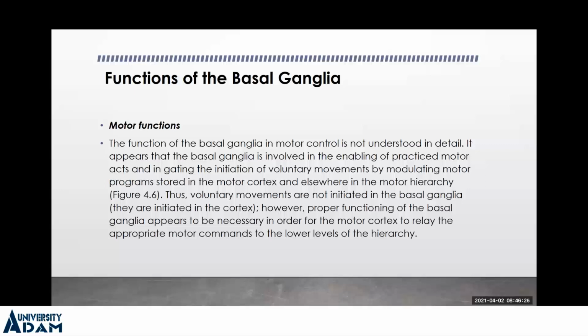Thus, voluntary movements are not initiated in the basal ganglia, they are initiated in the cortex, right? However, proper functioning of the basal ganglia appears to be necessary in order for the motor cortex to relay the appropriate motor commands to the lower levels of the hierarchy.